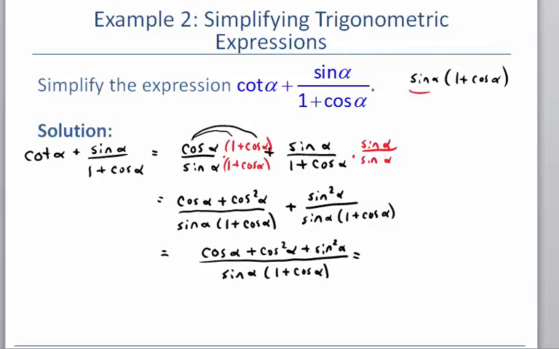Now, note that we have right here sine squared plus cosine squared, and we know that that's equal to 1. So my next step is going to be to go ahead and leave my cosine as it is. And in place of this cosine squared plus sine squared, I'm going to put plus 1.